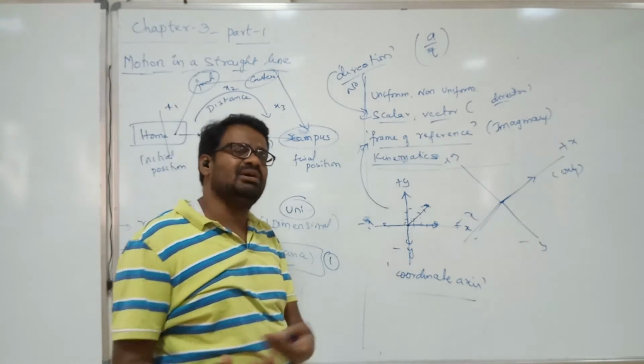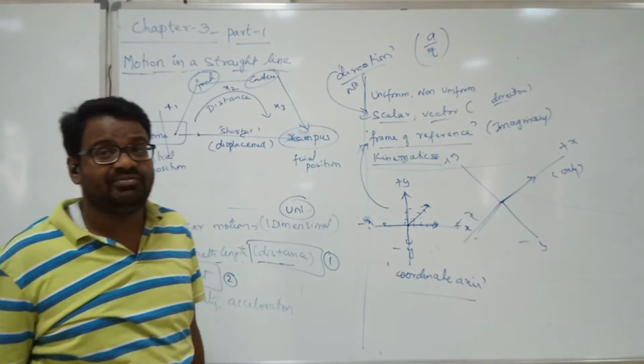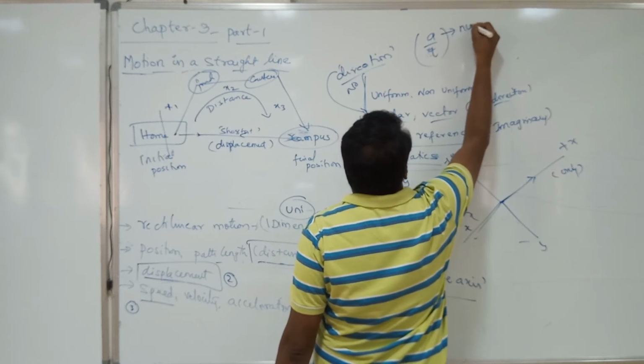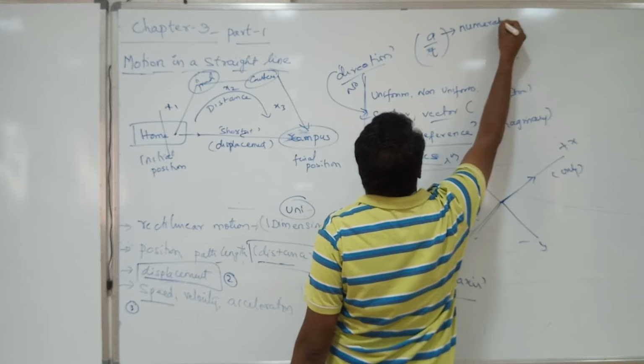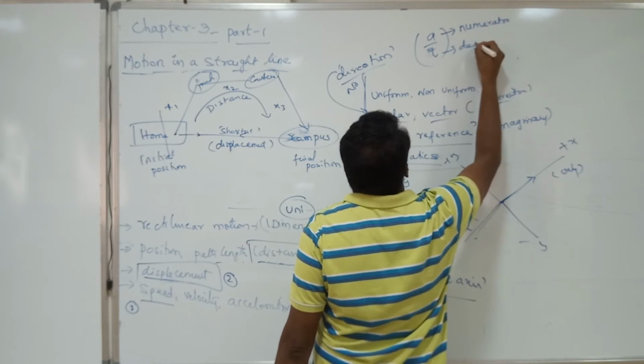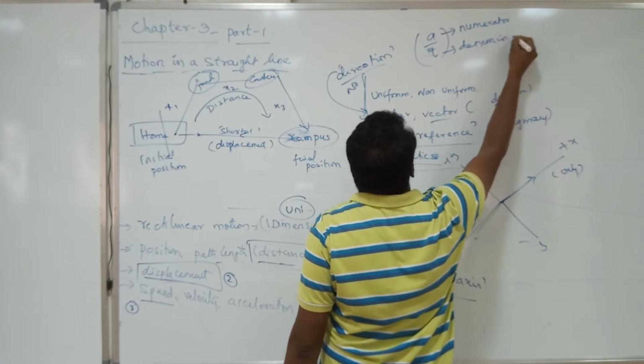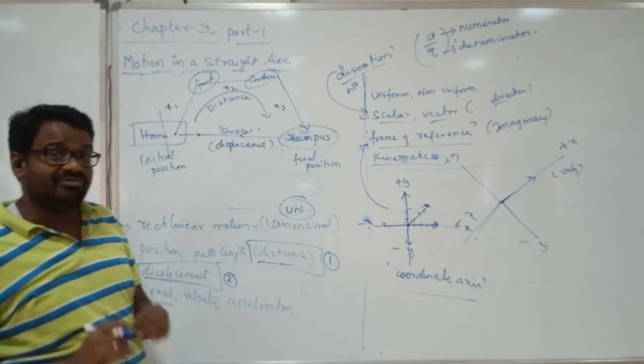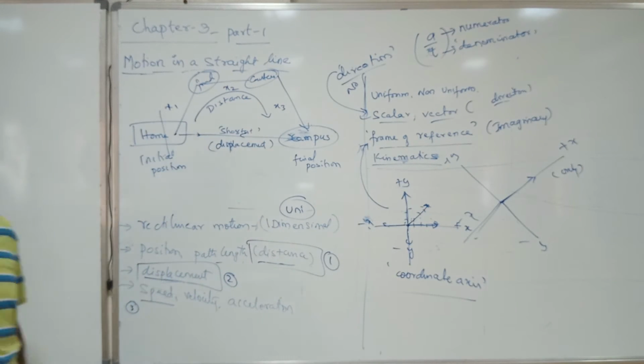Ratio means dividing with something else. In A by B, the top is called the numerator and the bottom is called the denominator.